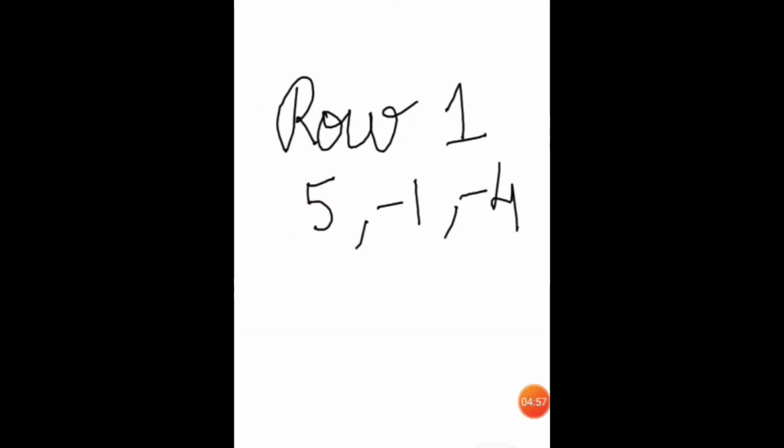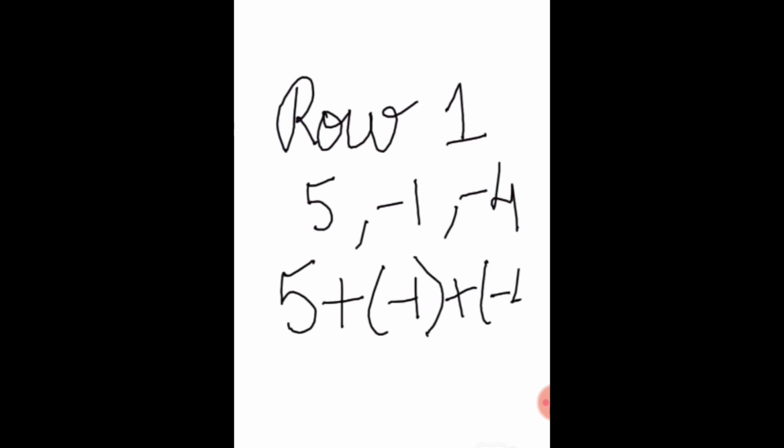First we can find out the sum of row 1. They have given 5, minus 1, minus 4. We have to find out the sum of these 3 numbers. So 5 plus minus 1 plus minus 4. So that is equal to, you can write 5 as such. So here we have 2 signs, plus and minus. So plus into minus, that is minus 1. And here also we have 2 signs. So one is plus and the other one is minus.